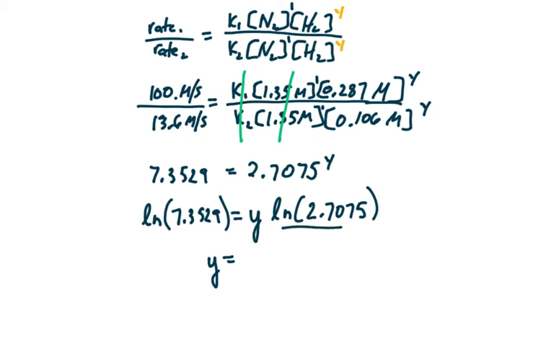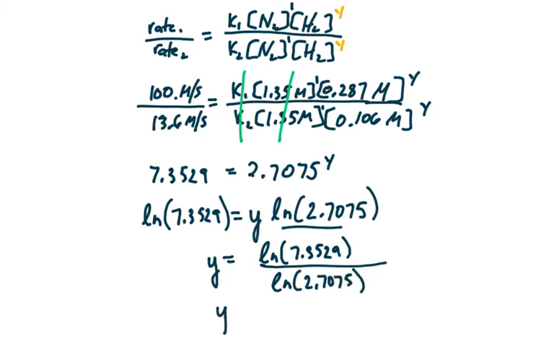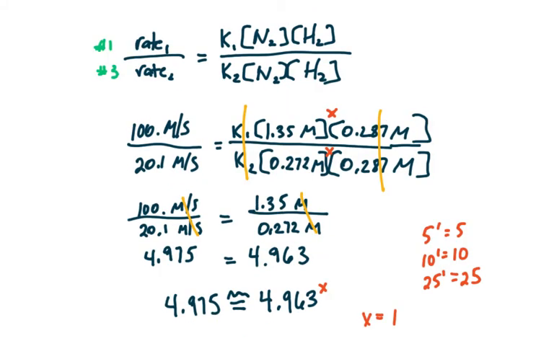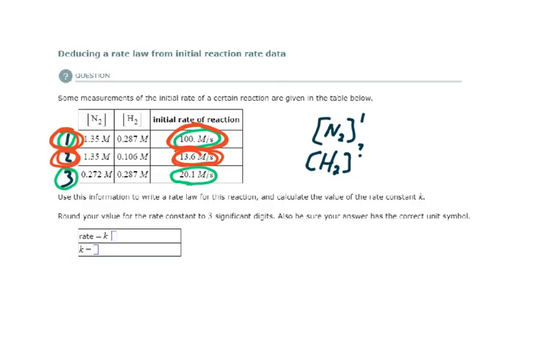Y is equal to the natural log of 7.3529 divided by the natural log of 2.7075. Y is equal to, and I get in my calculator, 2.00. So Y is equal to 2 in this case. That's our exponent. So that means that H2 is second order.